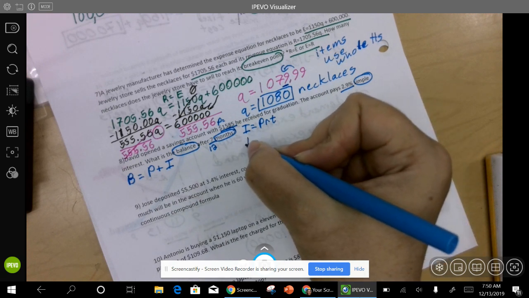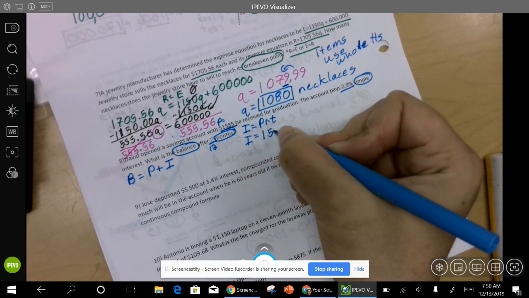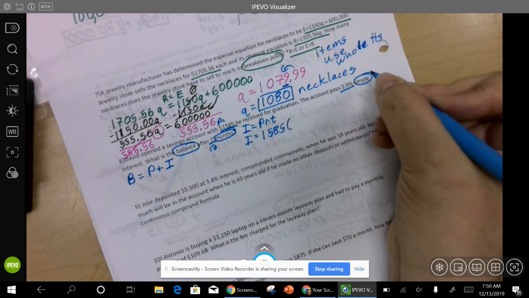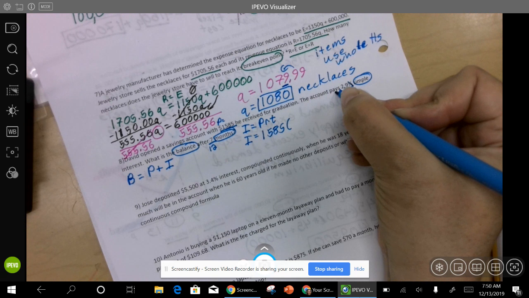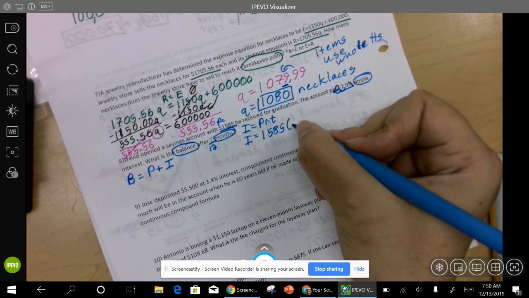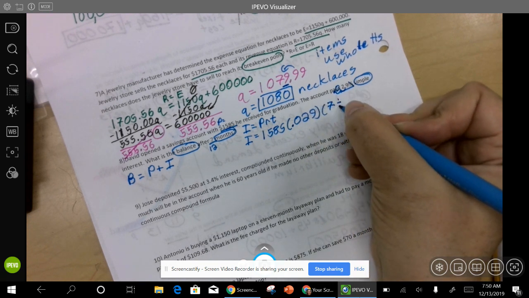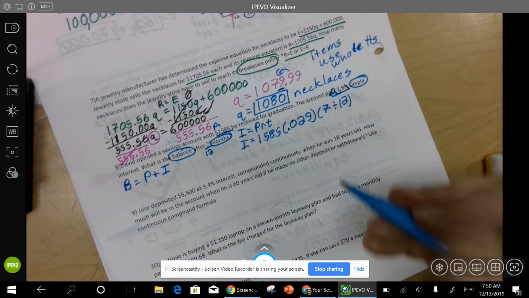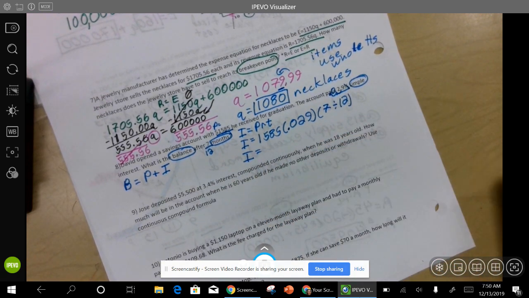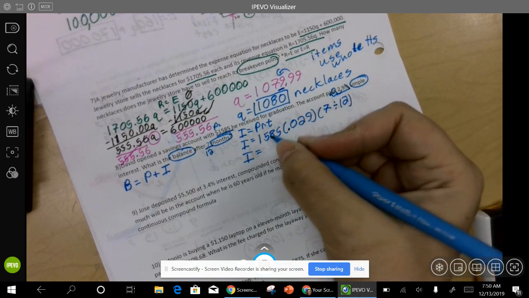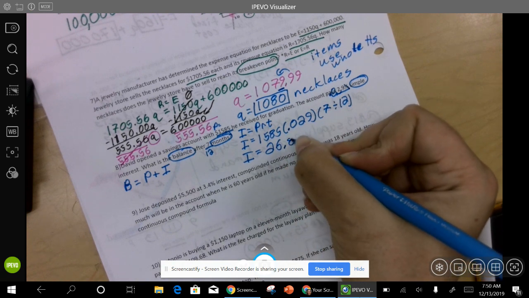So we're going to do interest is equal to the $1,585 he deposited. The rate, remember, drop the percent sign and move the decimal to the left, or you can always divide by 100. And then 7 divided by 12 for the time. I go ahead and multiply that all together. I get $26.81.